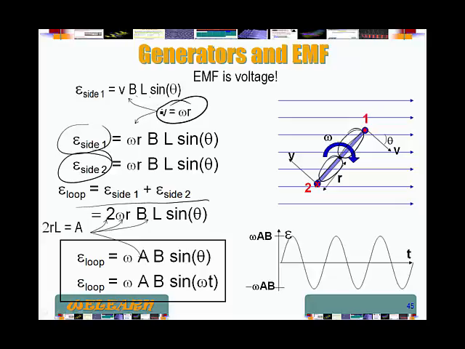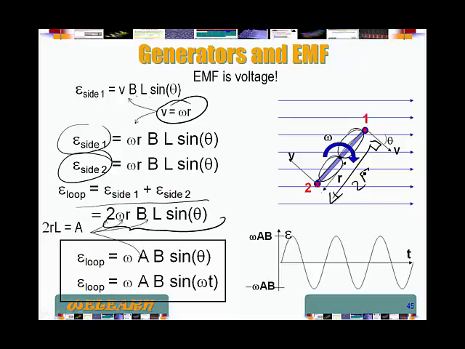Now, however, if we replace V by omega times R, in both of these cases, that gives us this. Now, remember, if this is R, that means this side is twice R in width.